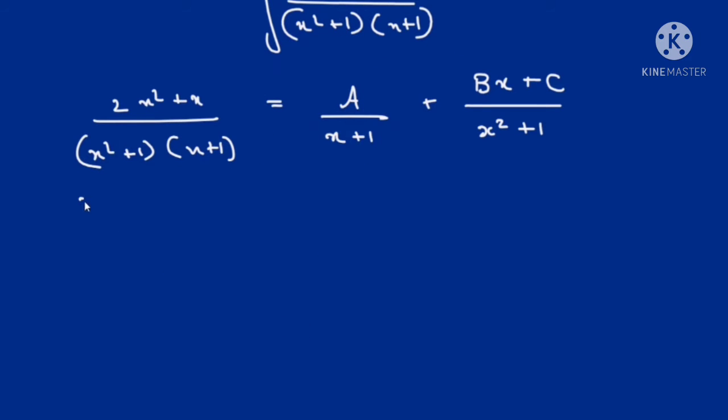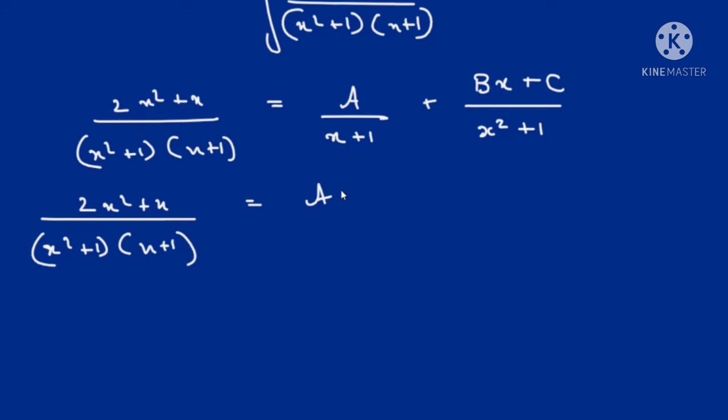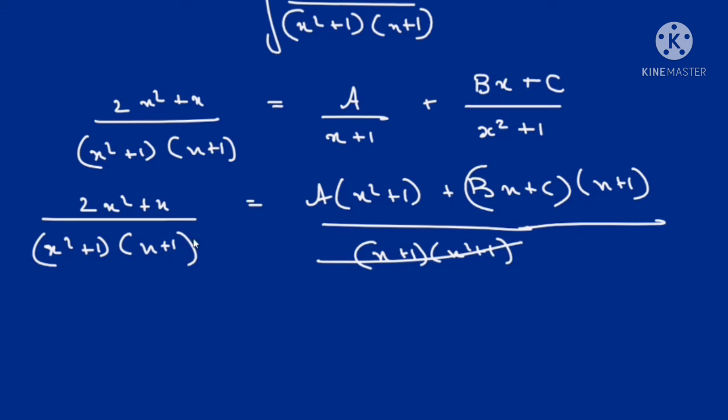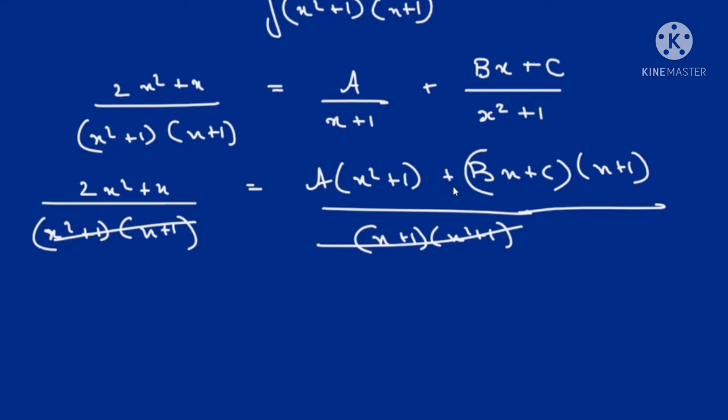Now this, 2x square plus x by x square plus 1 into x plus 1, cross multiply, that is LCM: a into x square plus 1 plus bx plus c into x plus 1, divided by x plus 1 into x square plus 1. So now to find a and b, there is a factor here, x plus 1.